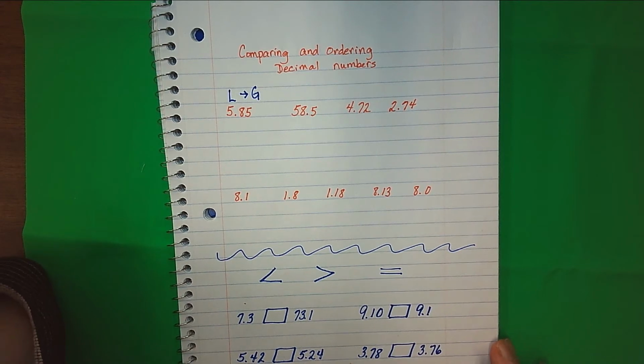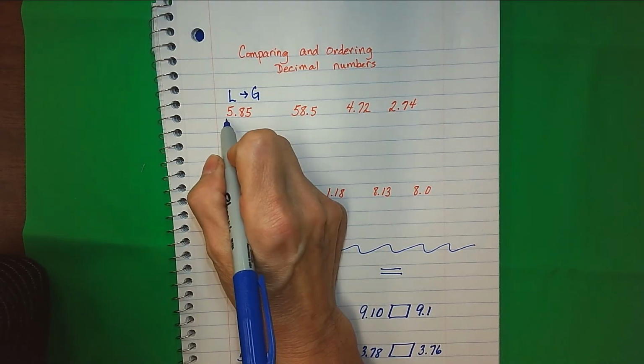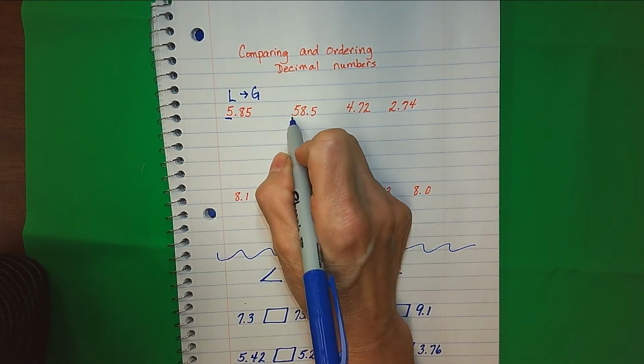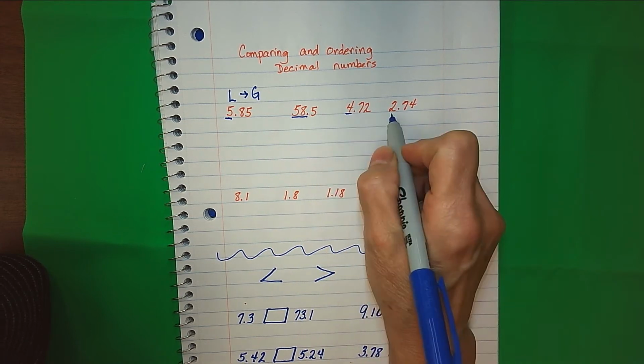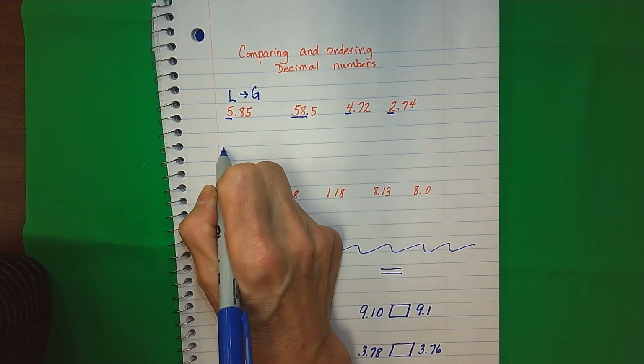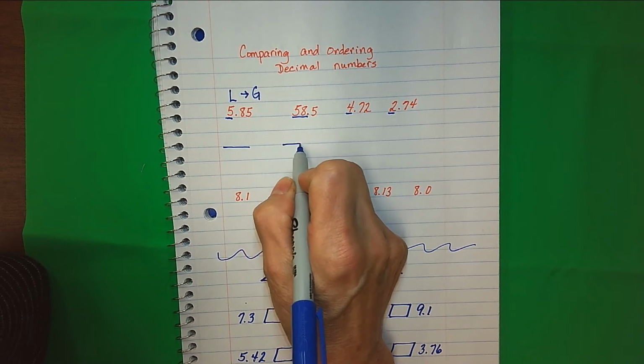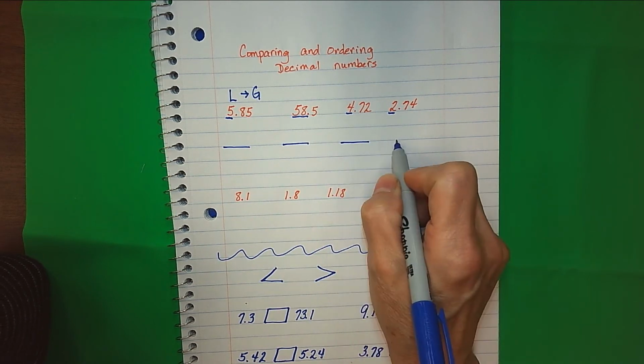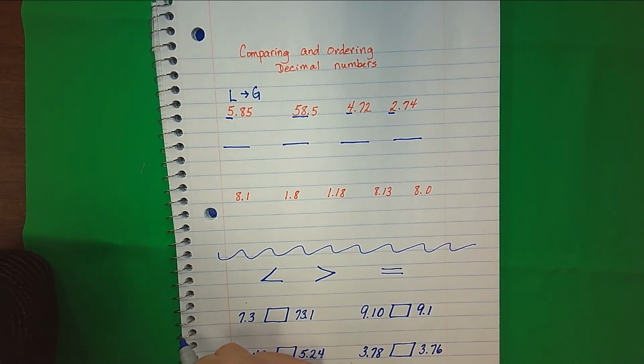So the first thing that we can do is look at the numbers in front of the decimal points and start there. And I'm going to go ahead and write in 4 spaces so that I remember to get every number there when I'm done.